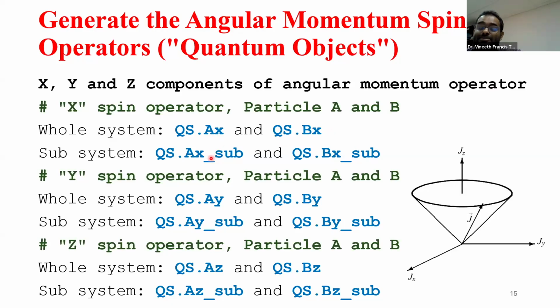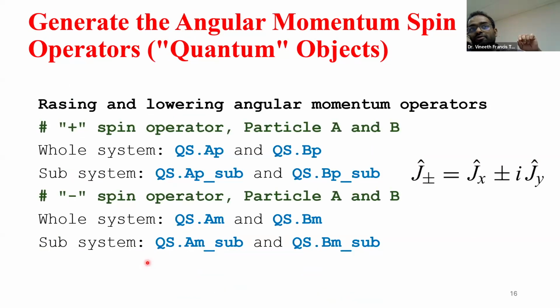And for a subsystem, considering the operator only for a single spin, you can use AX sub, which will give you the X operator of the subsystem. Similarly, you can access the spin operators for Y and Z. Then you can also create the raising and lowering angular momentum operators. So you can access the raising of A and B and its sub operators, also for the lowering operator.